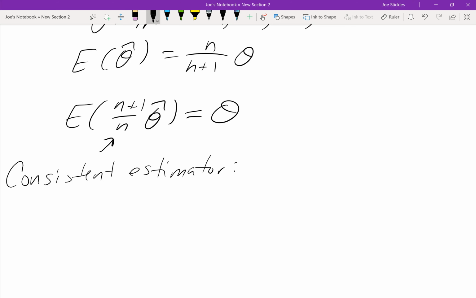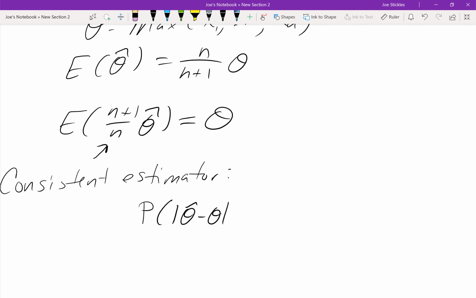Remember, the definition for consistent is that the probability that the difference between theta hat and theta is less than epsilon, when you take larger and larger sample sizes, has to go to 1. That's the definition for being consistent.